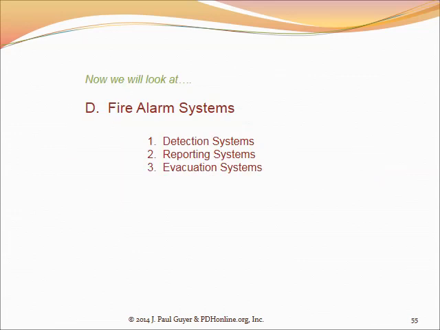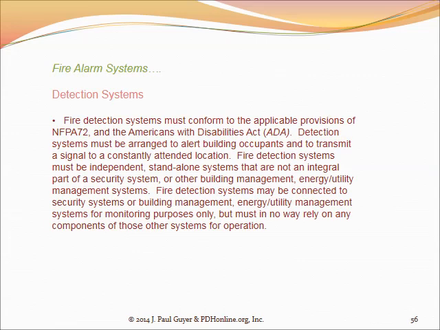The fire alarm systems, fundamentally, just do three things. They detect a fire, they report the fire to the fire department, and they sound local alarms. Fire detection systems must conform to the appropriate provisions of NFPA 72, and a development in recent decades is the requirements of the Americans with Disabilities Act, ADA.